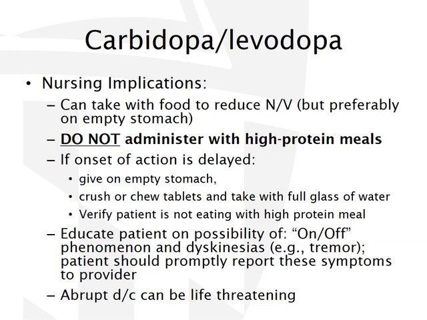So we do like to give it on an empty stomach if possible, but if the patient has pretty significant nausea and vomiting, you can tell them they can take it with food, but they have to be warned not to take this medication with a high protein meal. And again, if the patient does experience an onset of action that's delayed, then we would want to give it on an empty stomach.